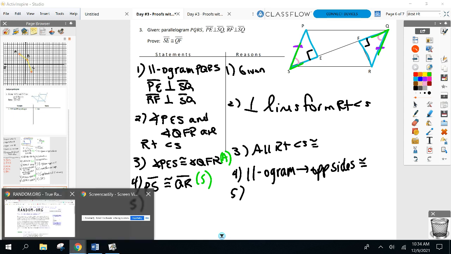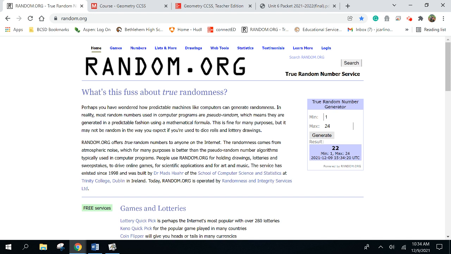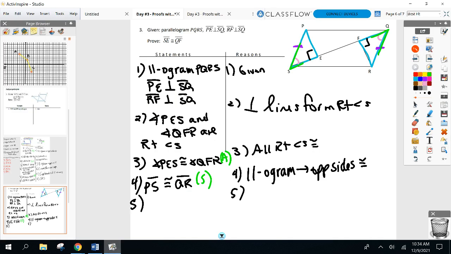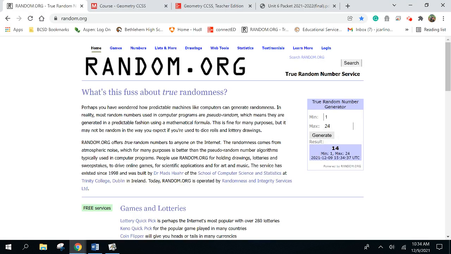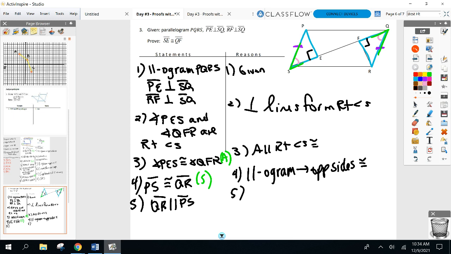Okay, which two then? 22, which two need to be parallel? QR and PS. There we go. QR parallel to PS, and that is true. I'm not making that up. Why is it true? 14, why is that fact true? QR and PS are parallel. Oh, we don't have.